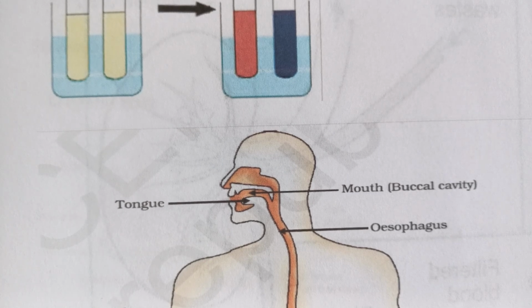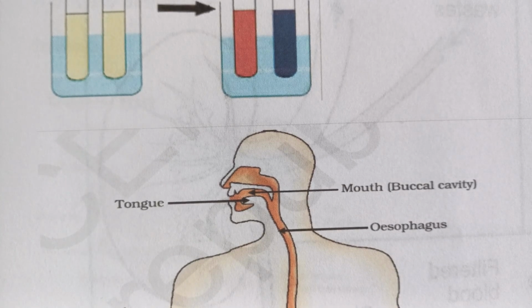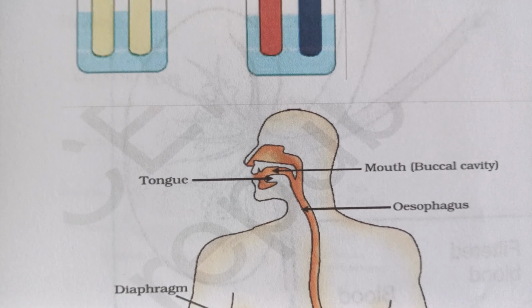Another aspect of the food we ingest is that it is complex in chemical nature. If it is to be absorbed from the alimentary canal, it needs to be broken into smaller molecules, and this is done with the help of enzymes. Saliva contains salivary amylase that breaks down starch from a complex molecule into simple sugar.